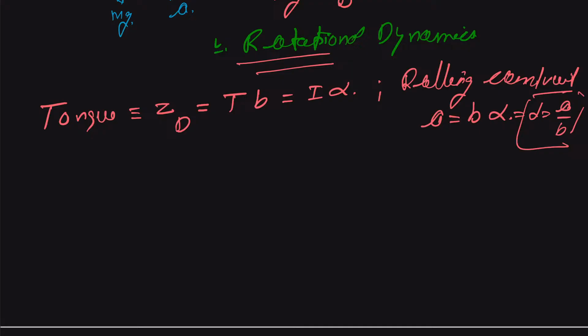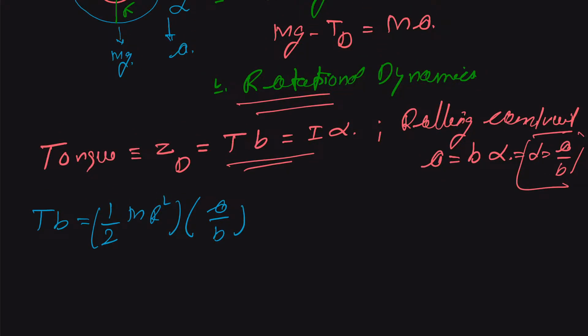Therefore we can substitute in this equation. We get T d times b equals the moment of inertia, which is half m r square, times alpha, which is a upon b. Here the tension is T d, the tension descending.